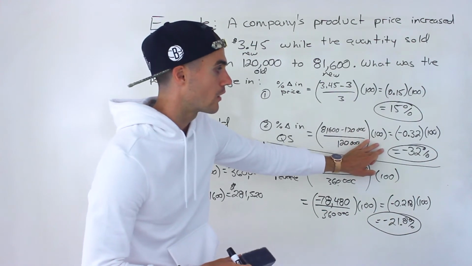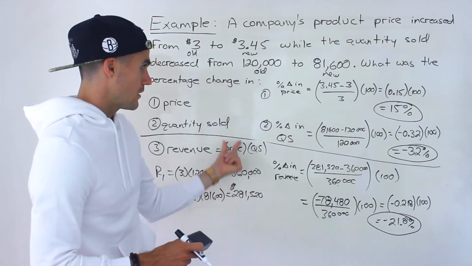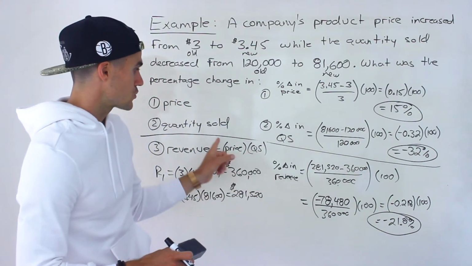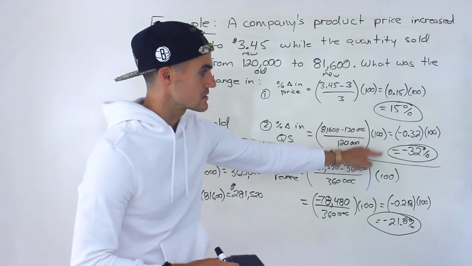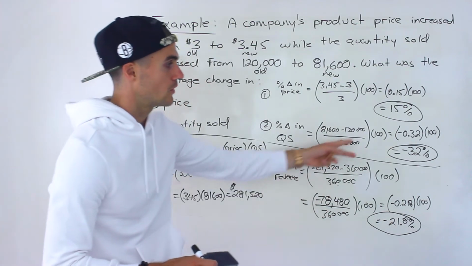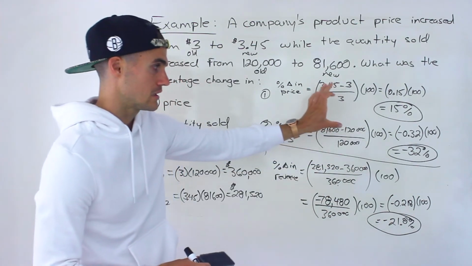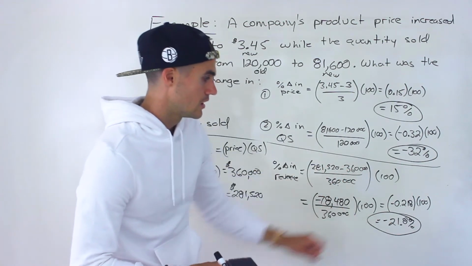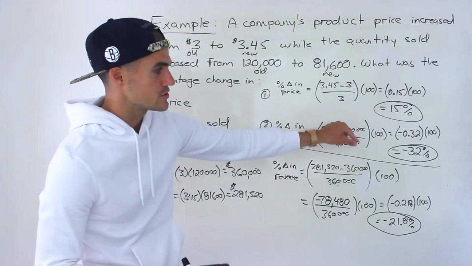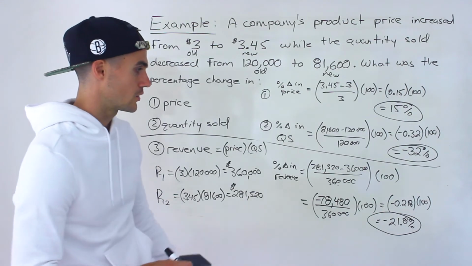It went down by more. So this went up by 15, this went down by 32, so overall the revenue is going to decrease. You can't just subtract these, so it doesn't mean the revenue is going to go down by 17%, the net of those. You still have to do the relative calculation, but nevertheless, you could tell from these two that the revenue is going to go down.